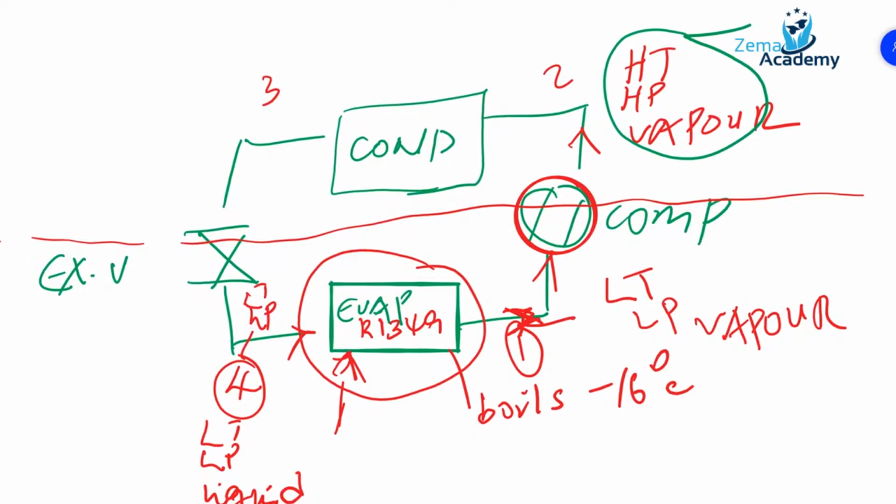Imagine here you have a high temperature and high pressure vapor that you can use for different applications, whether for space heating or for hot water, depending on the application. But the only way to extract that heat is to pass it through a condenser.